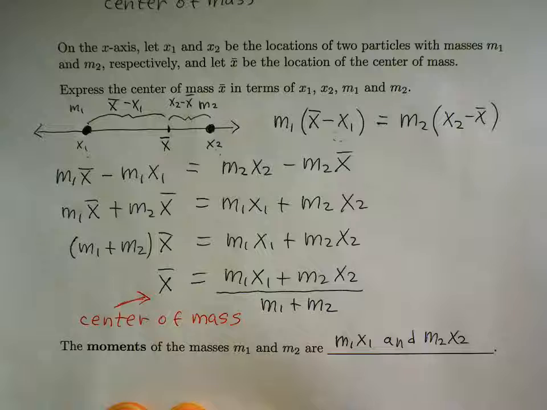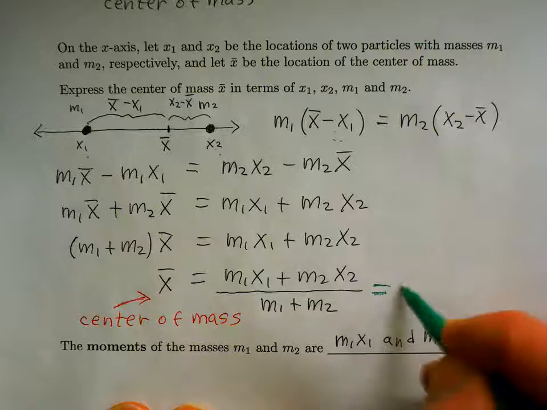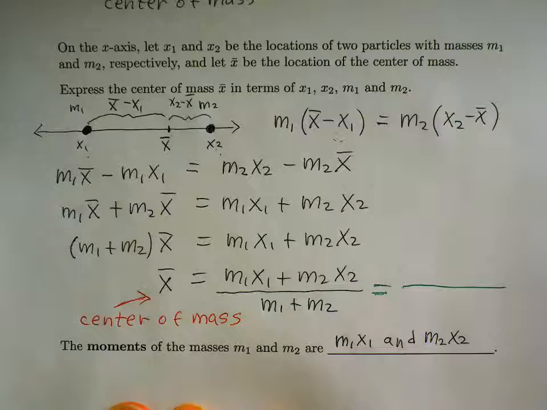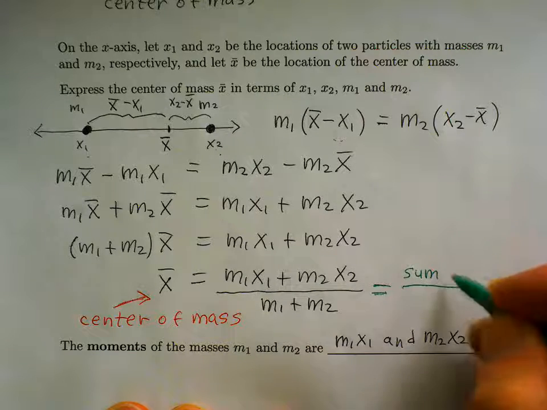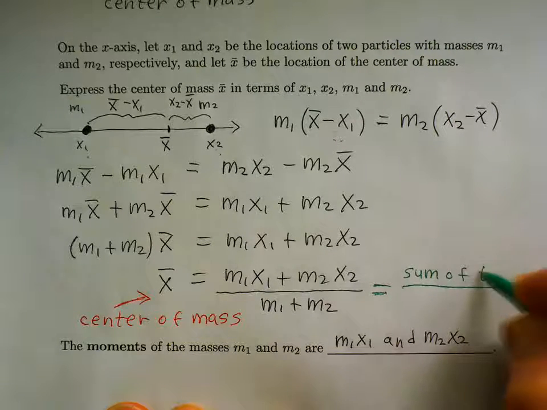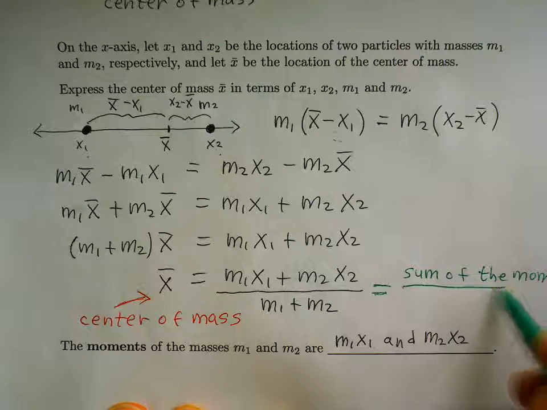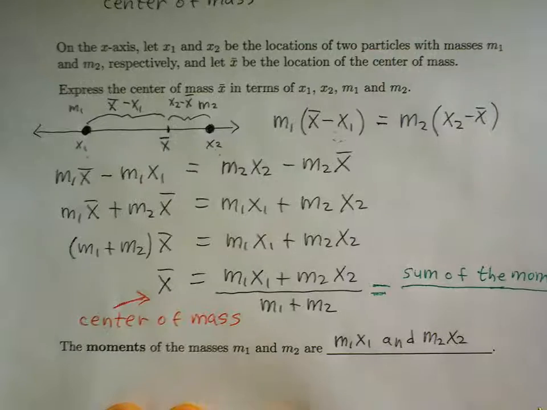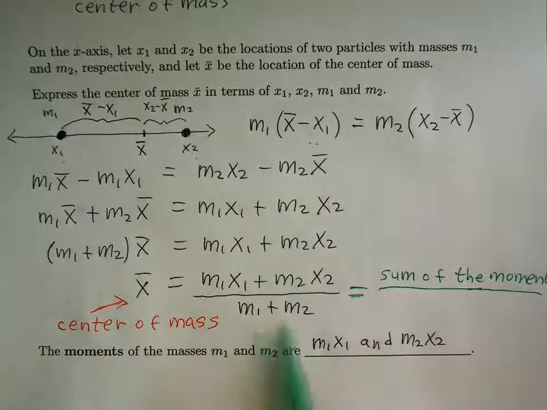So you could summarize this center of mass. In the numerator, we have the sum of the moments. Add up the moments, sum of the moments. And in the denominator, we have the sum of the masses.